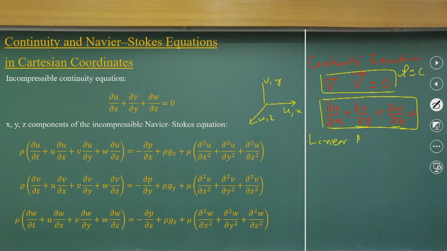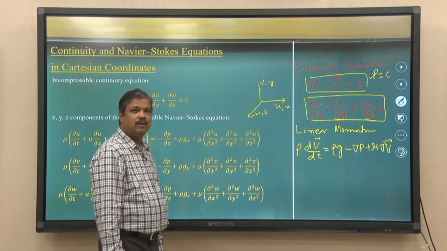In vector form it comes like this: rho dv/dt, the acceleration part, is equal to rho g, minus grad p, the pressure, plus mu times the Laplacian of the velocity field. That is what you have to take.